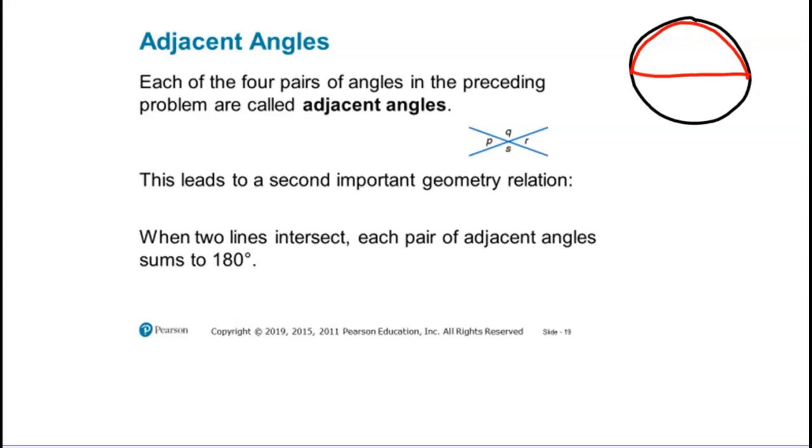And so when we see that here, we can say, okay, let's just draw a line here. Well, then we know that P and Q, which are adjacent angles, are going to equal 180 degrees. Likewise, if we look at angles Q and R, we can see that those also are 180 degrees. So those are adjacent angles.